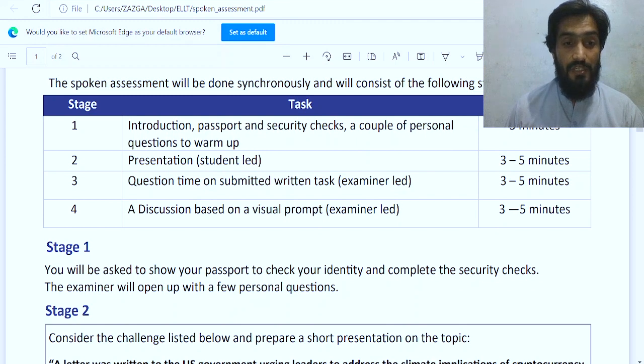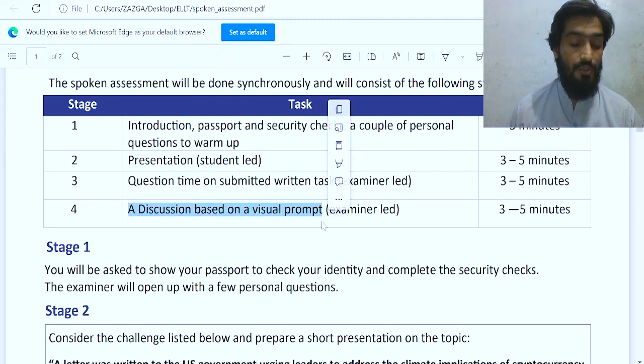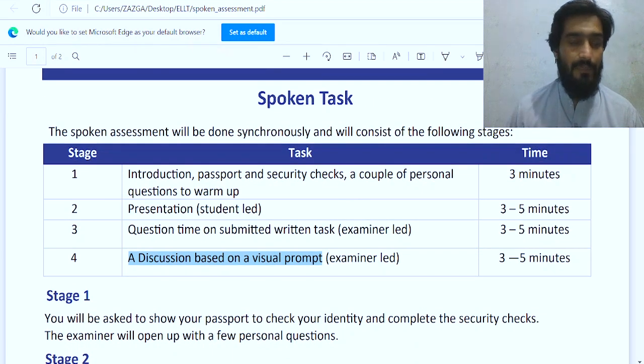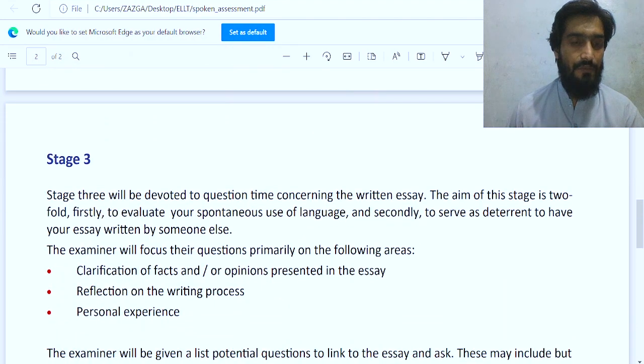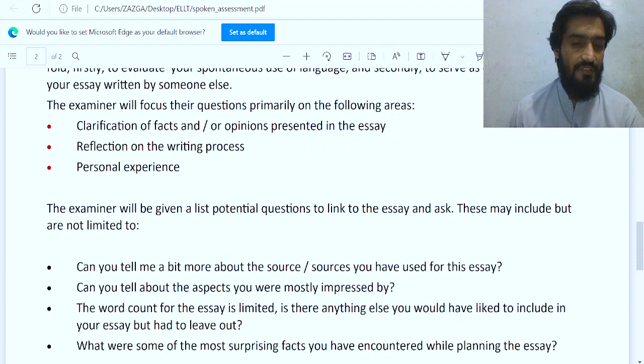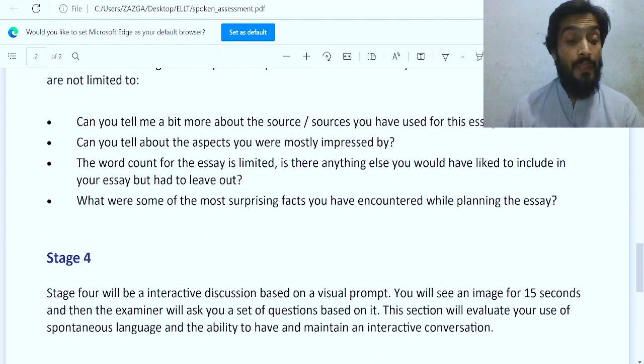Now the fourth stage is about discussion on a visual prompt. They might show you a picture containing people, animals, things, anything. This picture will remain visible to you for 10 to 20 seconds, maybe 15 seconds, maybe 16, 18, 19.